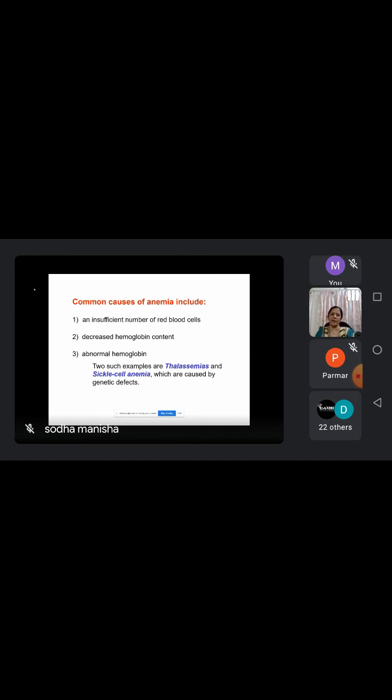Synthesis of abnormal hemoglobin will occur in the body, and that results because of the specific genes which are carried to the fetus from the parents. Okay. So all this was regarding anemia, diagnosis of anemia and various types of anemia.